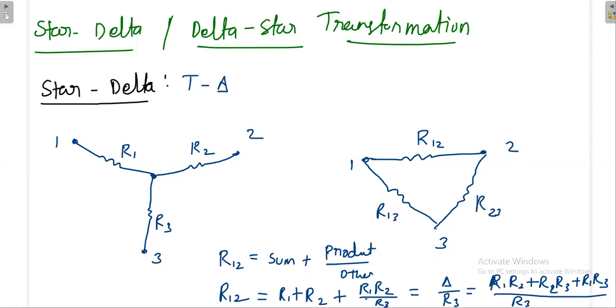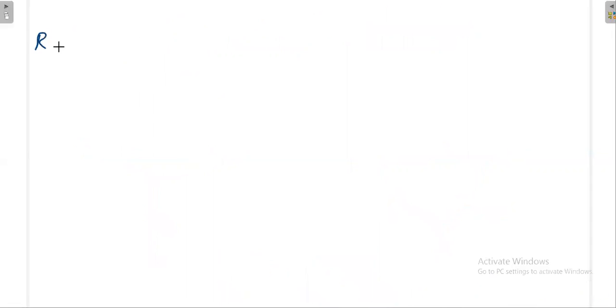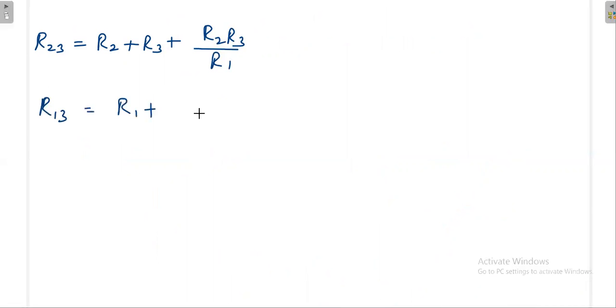So I'll write the further equations. R12 I have written. Then R23 is equal to R2 plus R3 plus R2 R3 divided by R1. Similarly R13 is equal to R1 plus R3 plus R1 into R3 divided by R2, or otherwise I can also write it as delta divided by R2. Here R23 is delta divided by R1.